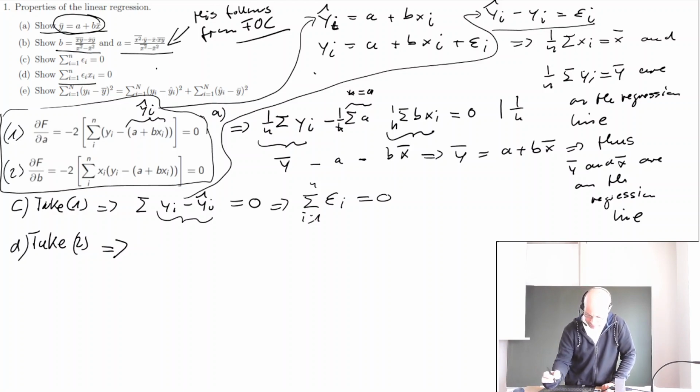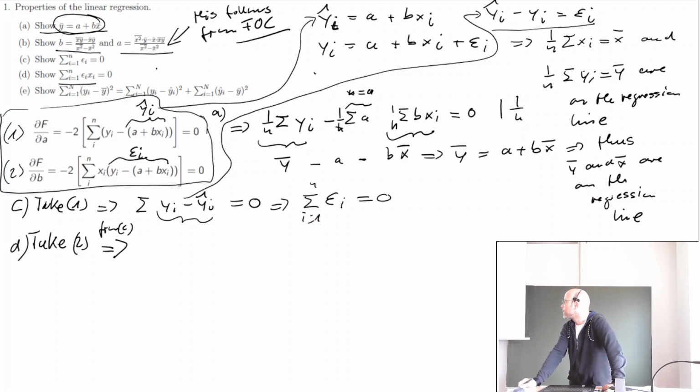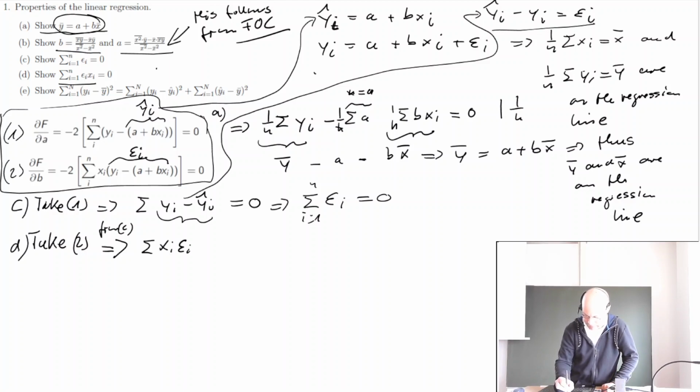So then we have already shown from C that this part here is nothing else than the error. Just inserting this means the sum over xi times epsilon i equals 0.